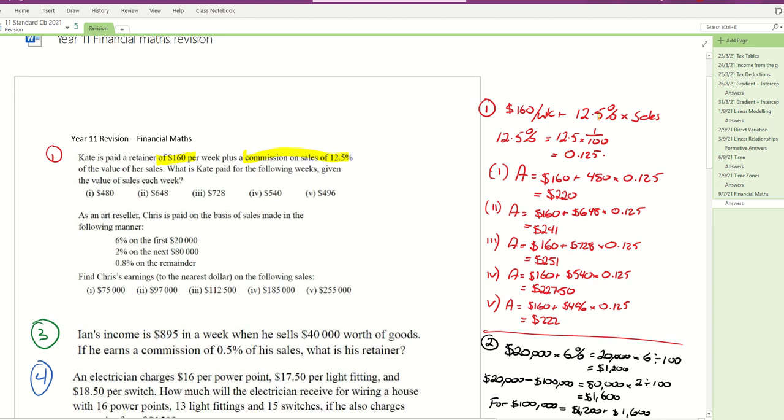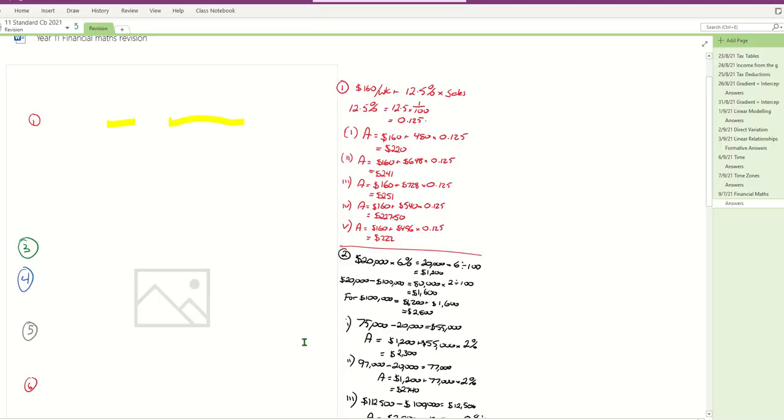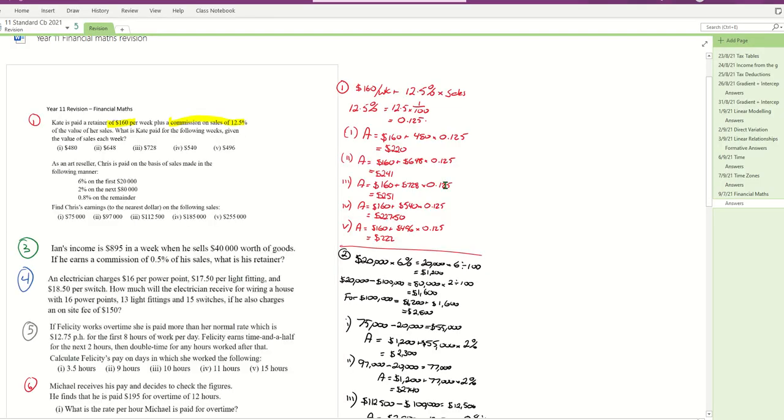Now 12.5% of sales is 12.5 divided by 100, which is 0.125. So for each of these amounts, I've got my 160 and then I'm multiplying the amount of sales by that 0.125 and adding them together, just putting them in my calculator.